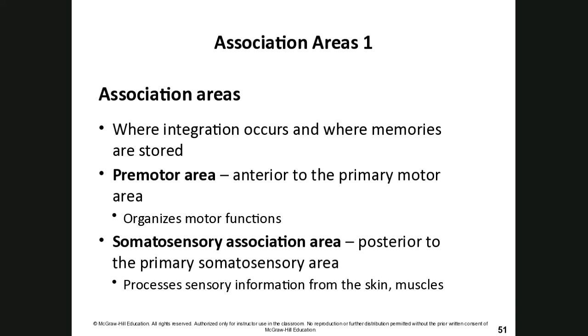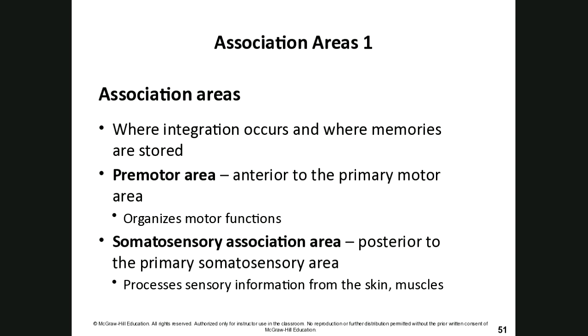So now on to some of these association areas. These association areas take information that you have processed and act like the filing center for how these pieces all fit together. So you see your mother's face, and you have learned from years of knowing that it's your mother's face. That information comes into your occipital lobe, and then in these association areas, you associate this face with the term mother.